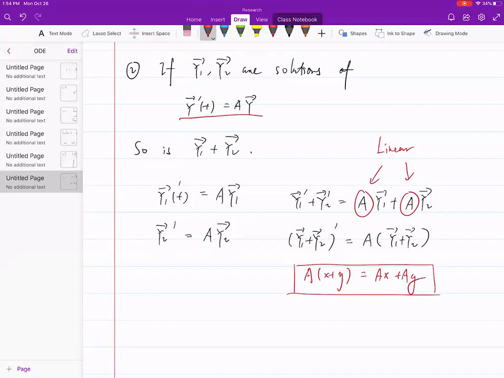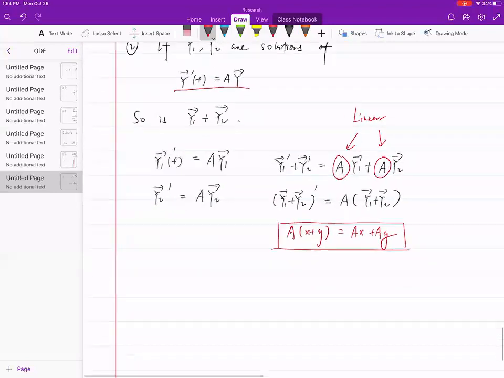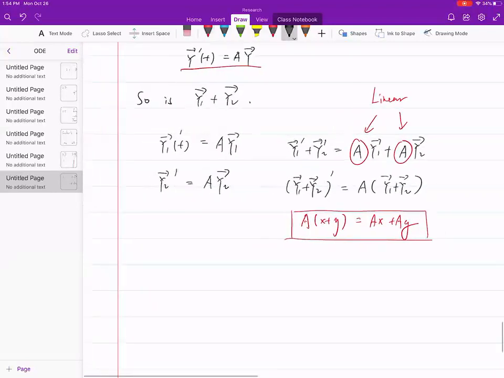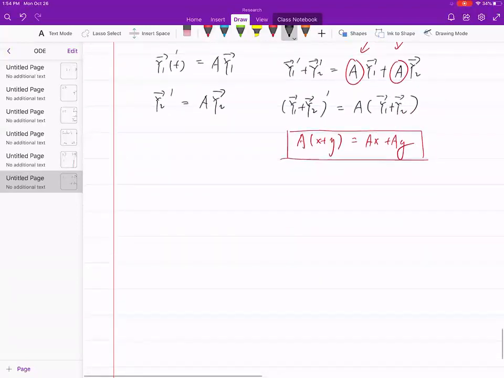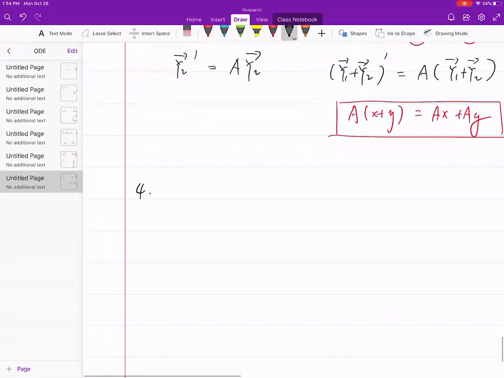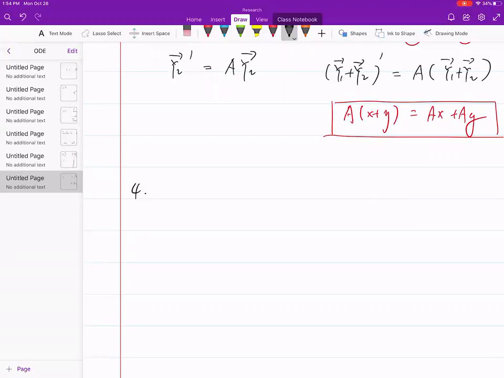All right, you multiply by a constant, it's fine. You add them, you subtract them, it's fine. Of course, that's not interesting. The interesting part is the general solution of a linear system.